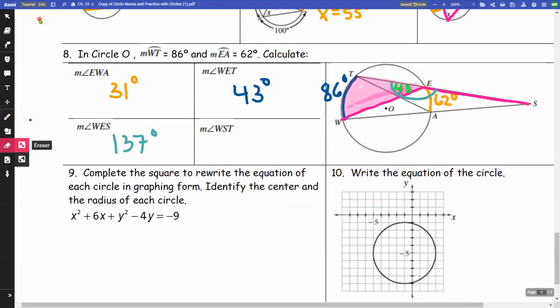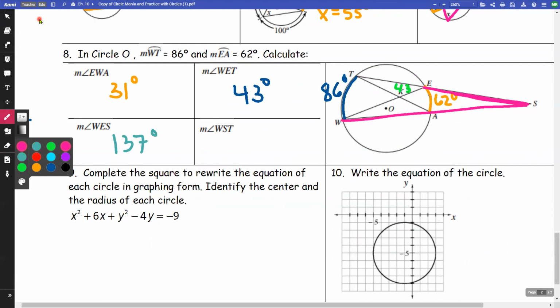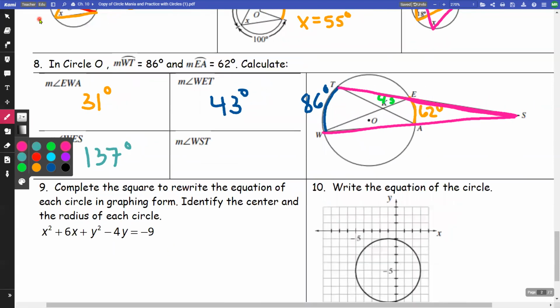Then they want WST. And I can find that by taking the 86 degrees minus the 62 degrees, the two arcs that it intercepts, divided by 2.